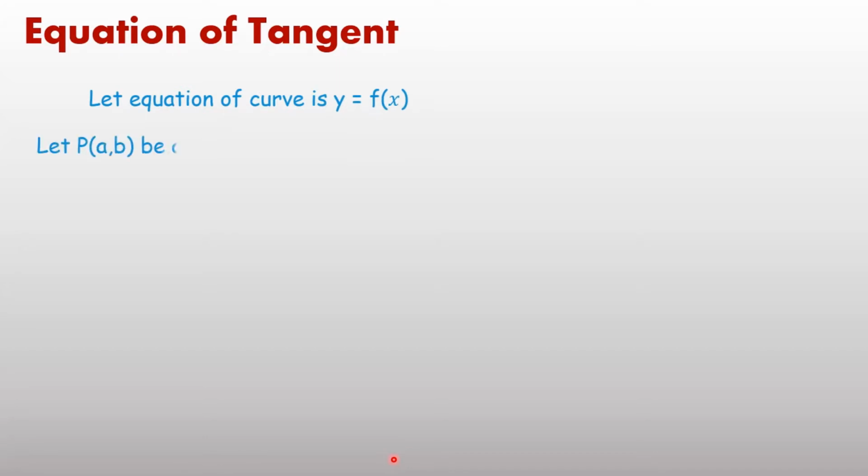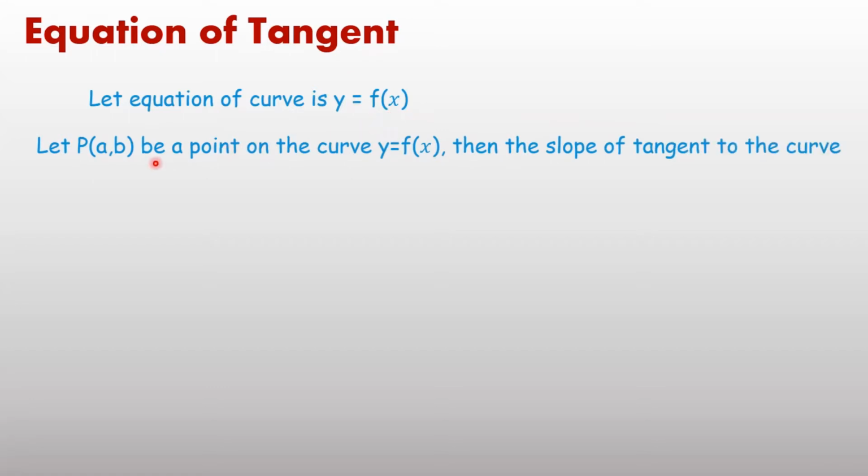Now, main topic, equation of tangent. If the equation of the curve is given as y equals f(x) and a point on the curve is given as P, meaning the coordinates of the point are a comma b, then the slope of the tangent to the curve at point P is given by the value of dy by dx at (a, b), because we have already covered in differentiation that dy by dx represents the slope of the tangent to the curve at a point.